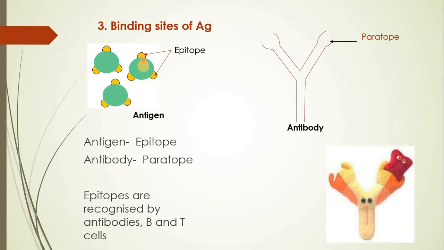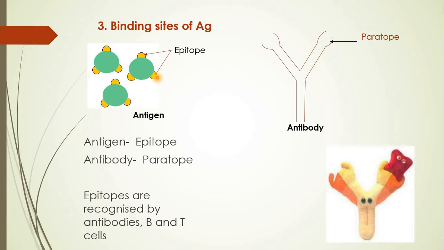So these foreign materials, because they are proteinaceous in nature, show certain receptor molecules on their surfaces. These receptor molecules which have the affinity to bind with the antibody are termed epitopes. So in short, you can say that antigens show surface binding receptors for antibody, and they are called the epitope.